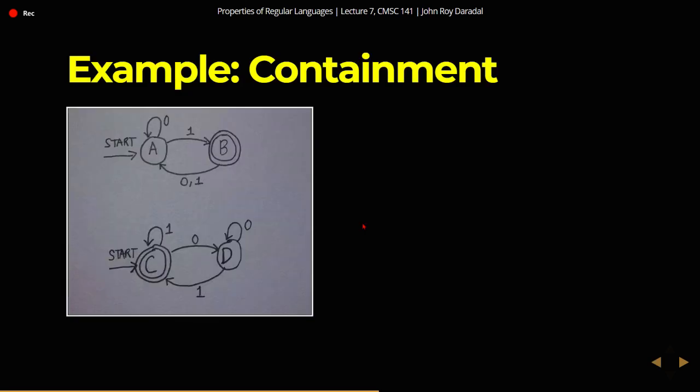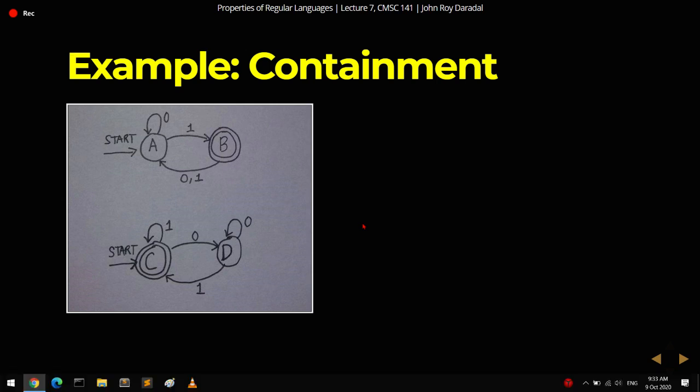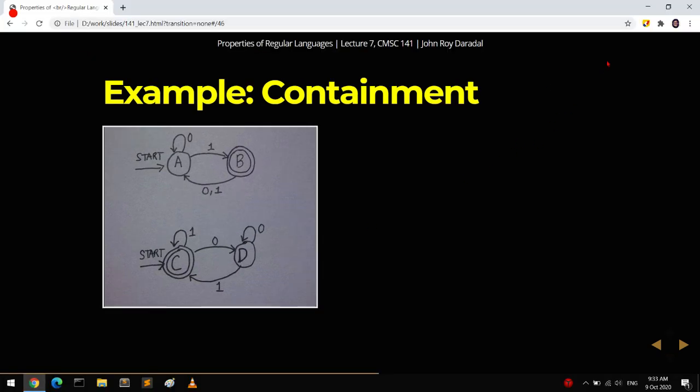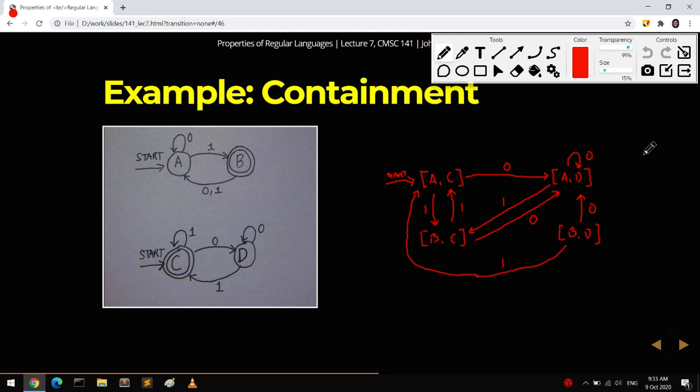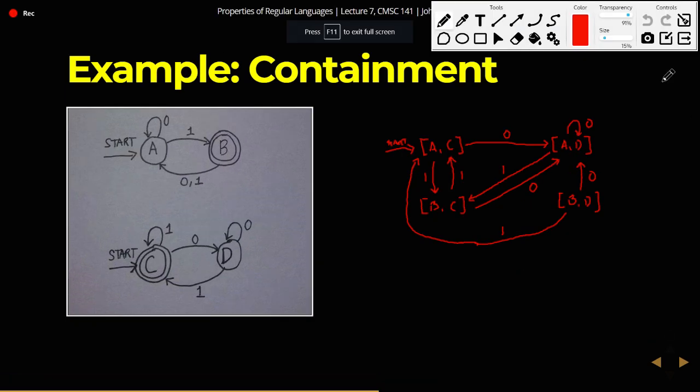So going back to this example, if we check our product DFA again, this time our final state would be what? So the final state for containment would be the state B D, right? Why is that?